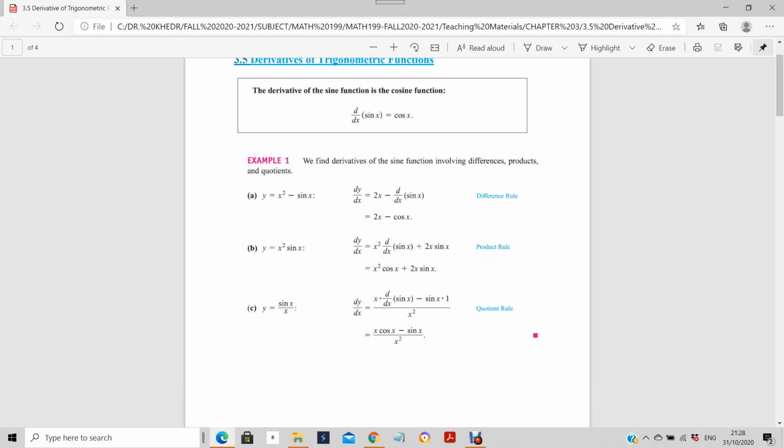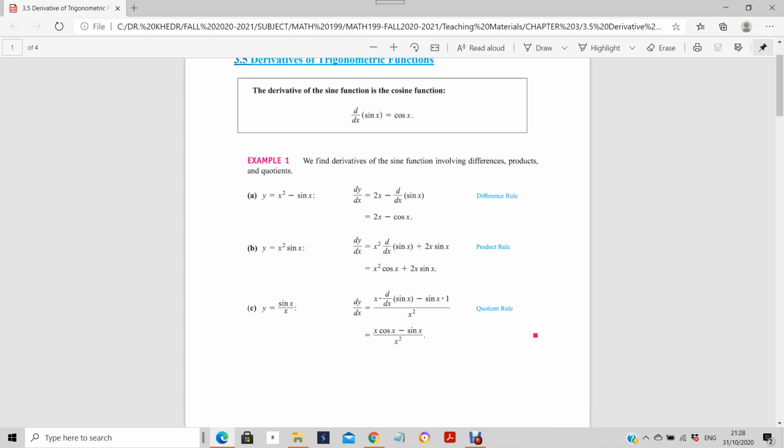So this will be x squared times the derivative of sine, which is cosine, plus the sine function multiplied by the derivative of the first function, that is 2x. So the final answer will be x squared cosine x plus 2x sine x.